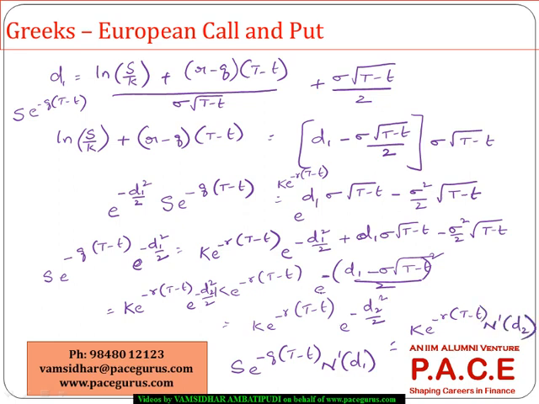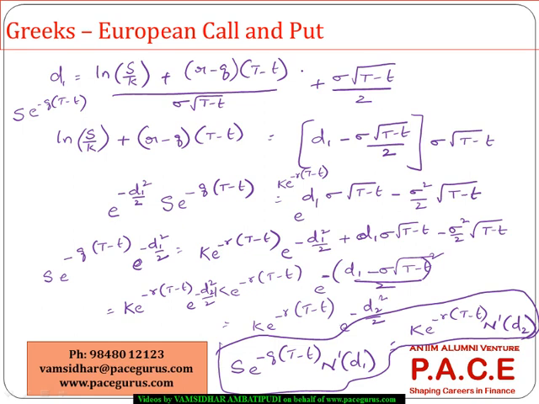This is a very important expression for valuing the majority of the Greeks. So wherever I am getting S e power minus q T minus t N dash of d1, I can very well substitute it with K e power minus r T minus t N dash of d2. This will help us in solving a number of Greeks.